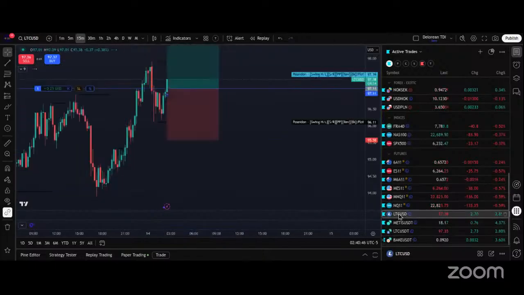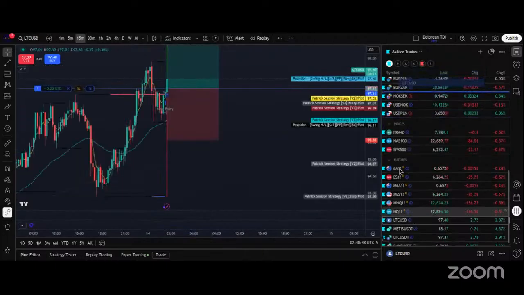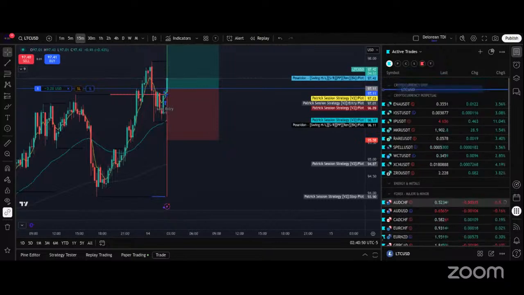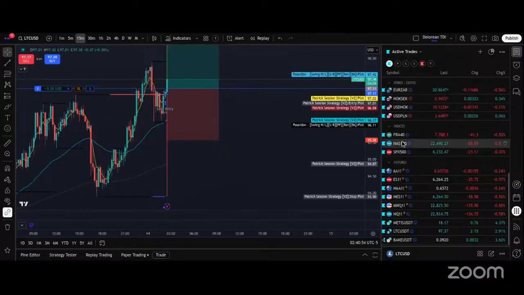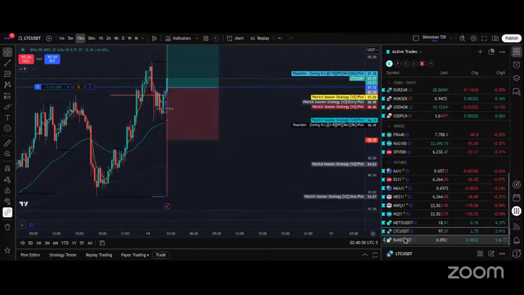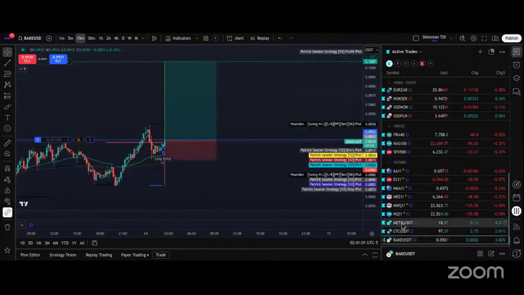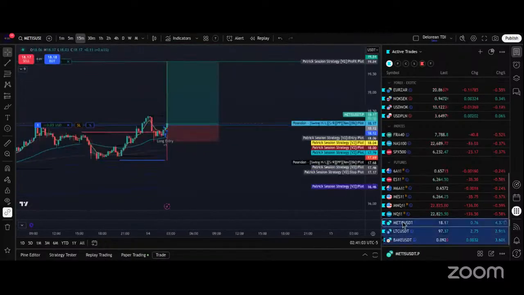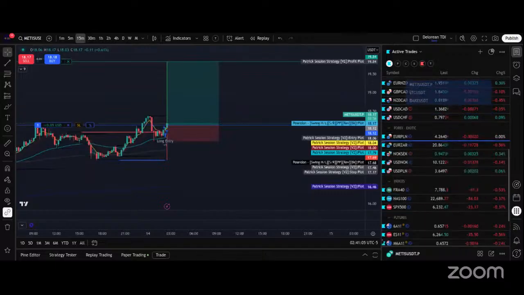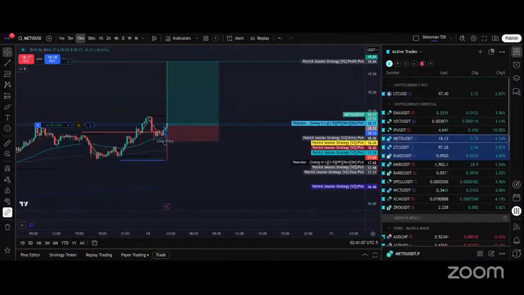So we have Litecoin USDT, which is already in profit. This is a crypto perpetual spot trade. And we have METIS, Litecoin, and Bake. 2 in profit, 1 slightly under entry price. Just a matter of time.